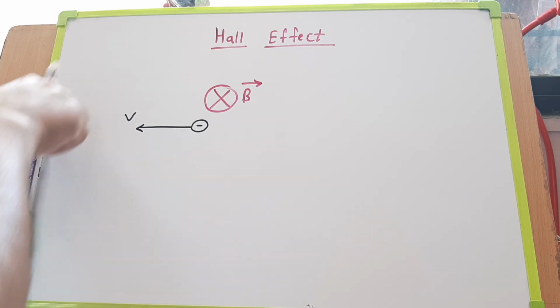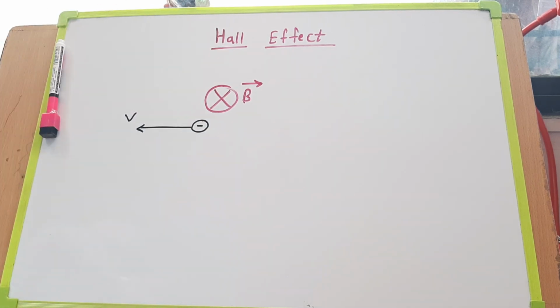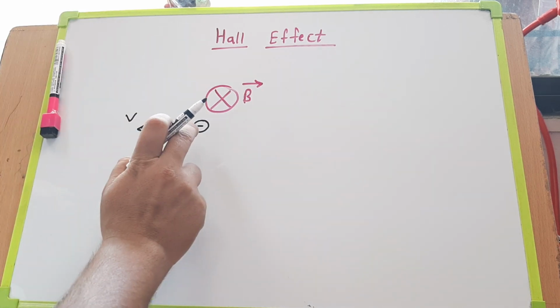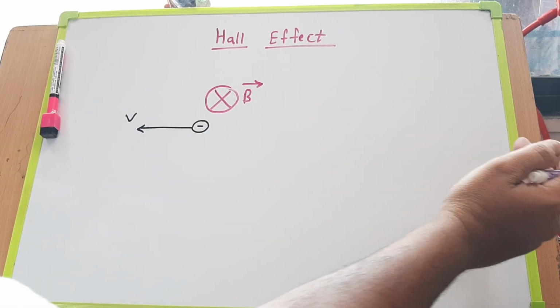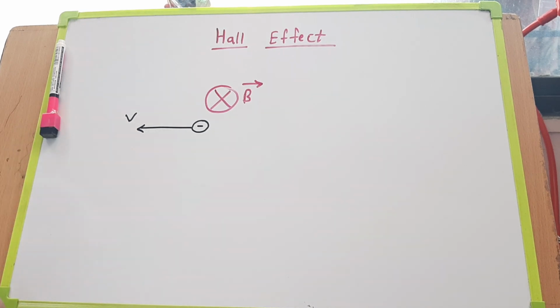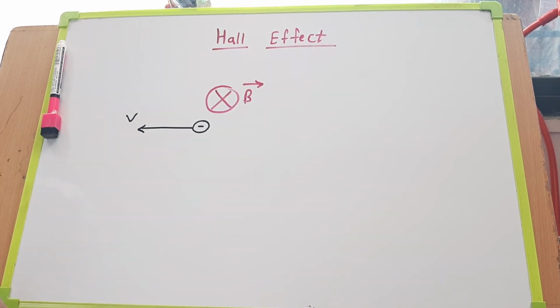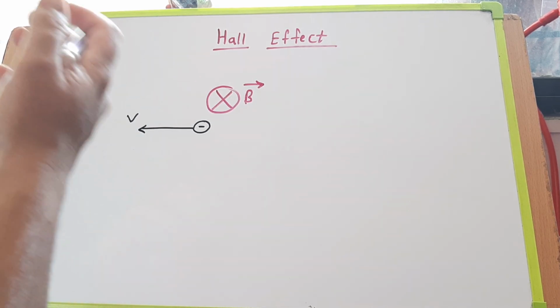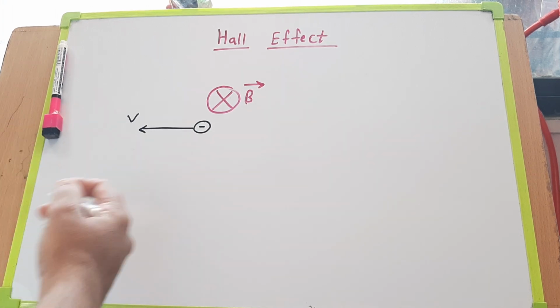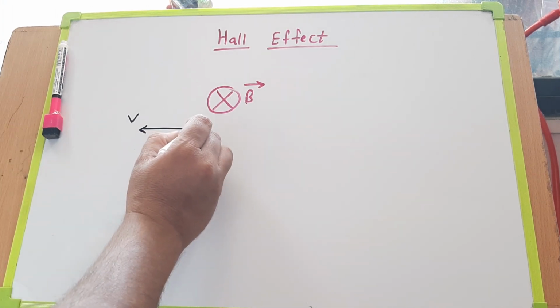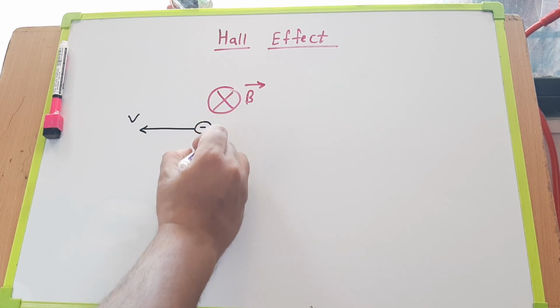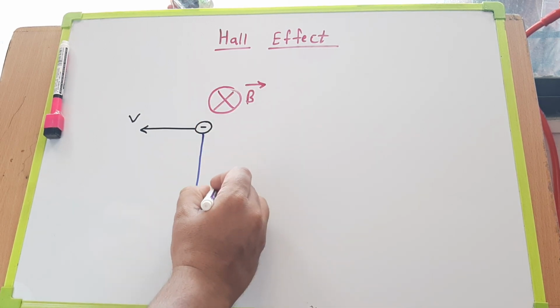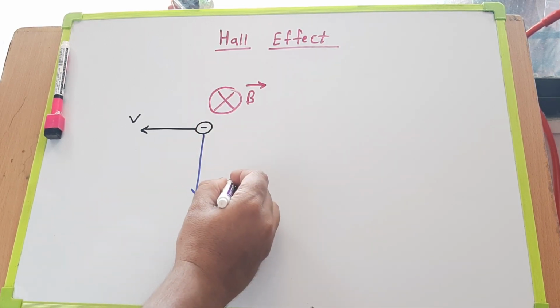When this happens, if the magnetic field is going from out to in and the negative charged particle is going from right to left with this much velocity, one important phenomenon is observed in nature, just like the law of gravity, that this electron will experience a force in the downward direction, some particular force.